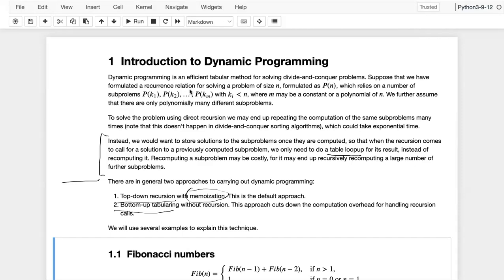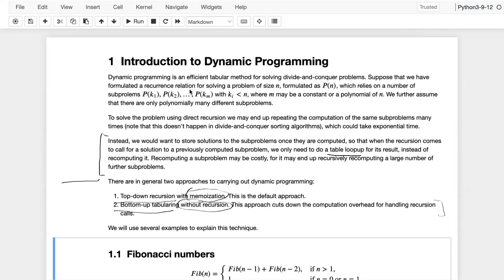Or bottom-up tabulating without recursion at all. So we can completely remove recursion. And this approach cuts down the computation overhead for handling recursion calls, but coding is slightly more involved than top-down recursion. So top-down recursion is pretty straightforward in terms of coding.